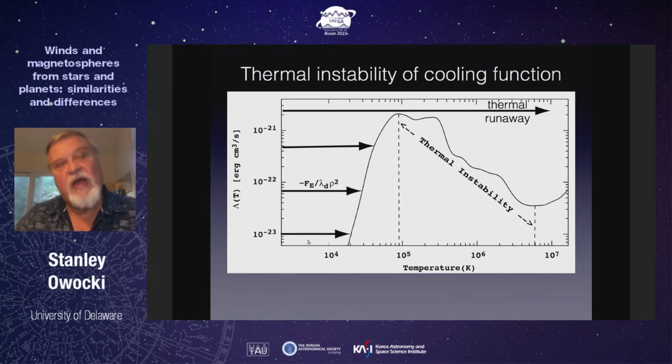And so if you have energy being deposited in the atmosphere, as the density goes down at higher and higher heights, eventually you get to the point where you can't balance and you get a thermal runaway. In principle, if only radiation were involved, this thermal runaway would have run away to 10 million Kelvin or so. But it turns out thermal conduction plays a big role in bringing energy back into the solar atmosphere, and that keeps the temperature of order a few million Kelvin.